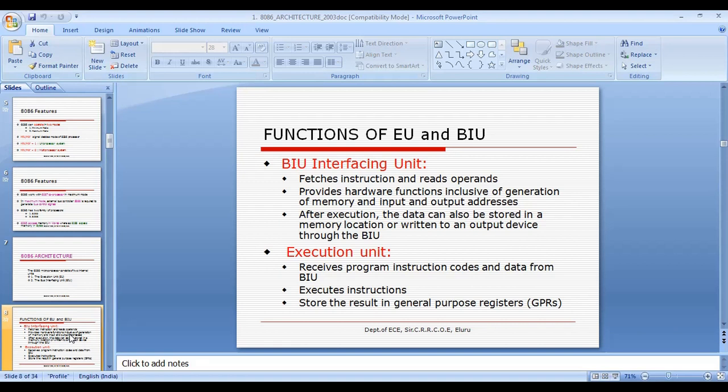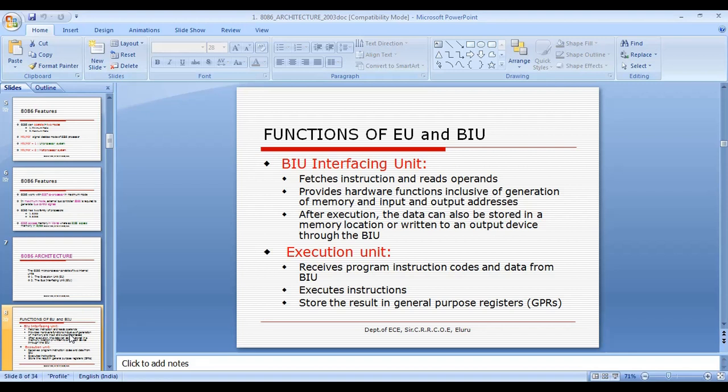Whereas the execution unit receives the program instruction codes and data from the bus interfacing unit, and then it executes these instruction codes, and the results are stored in the general purpose registers.